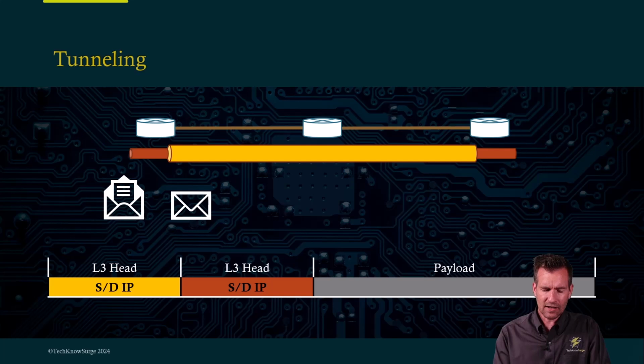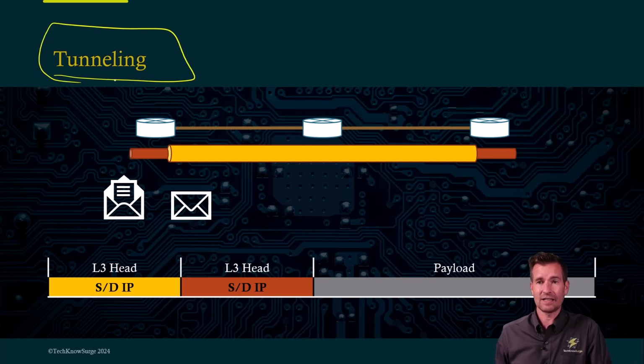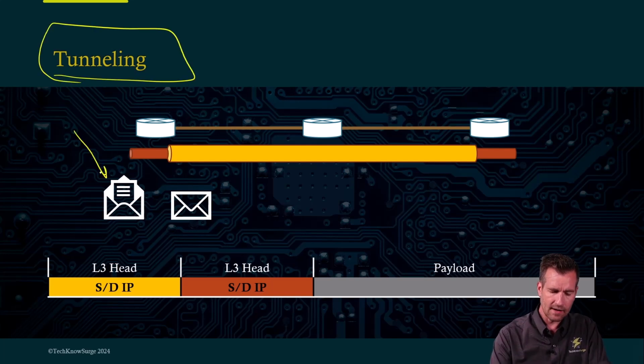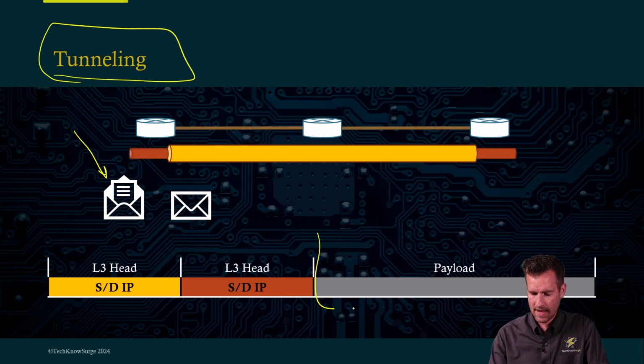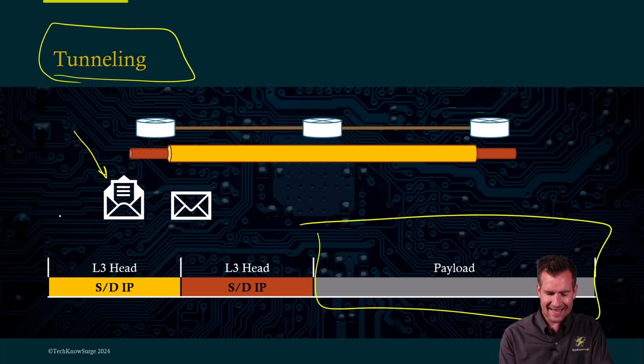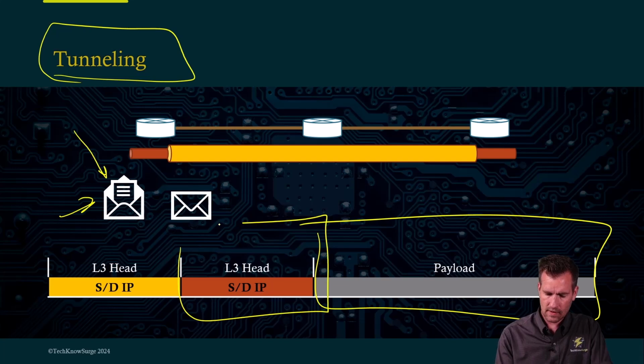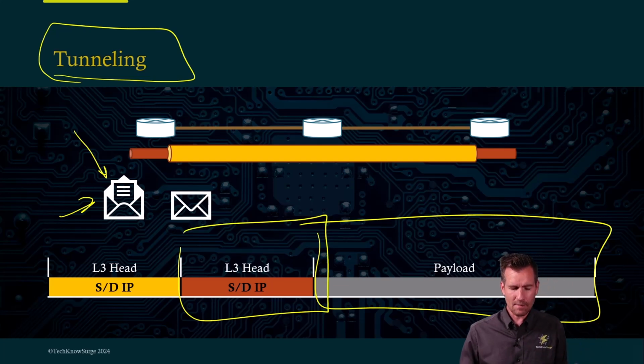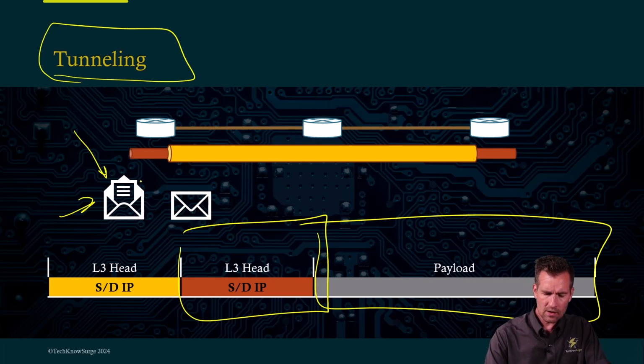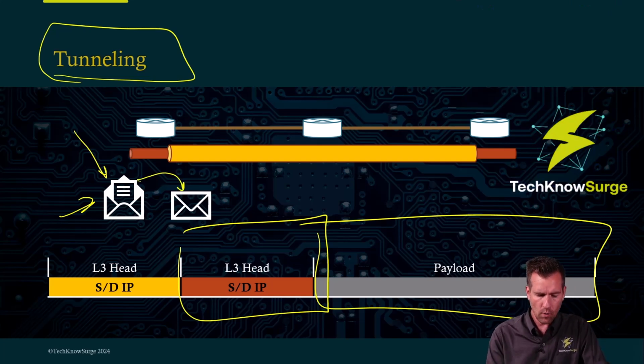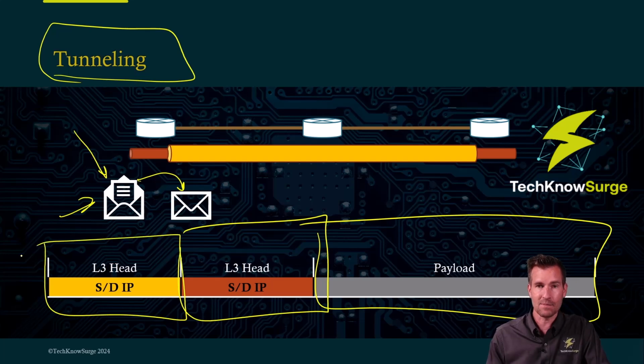Let's take a look at a little different example of what tunneling looks like. Let's say we have a letter that we want to deliver. That's the payload right here. We're going to put it inside an envelope which has addressing on it. That's this layer 3 header right here. But let's say we want to traverse across some other network. What we can do is encapsulate it, or add it to another envelope with its own source and destination IP address.